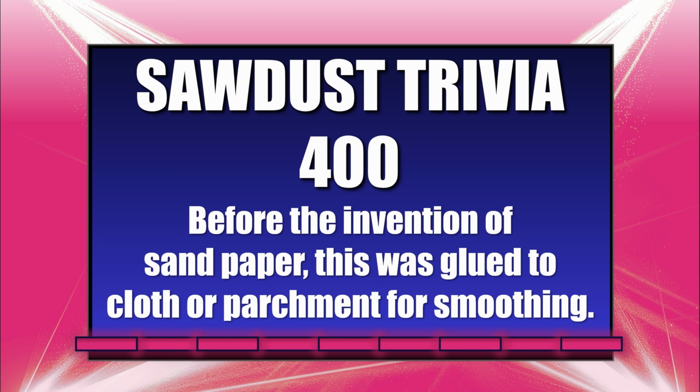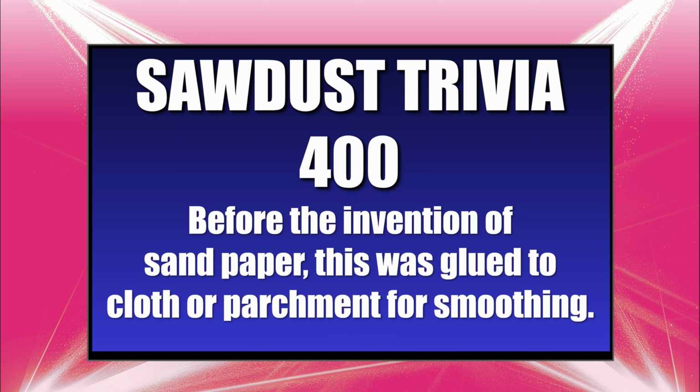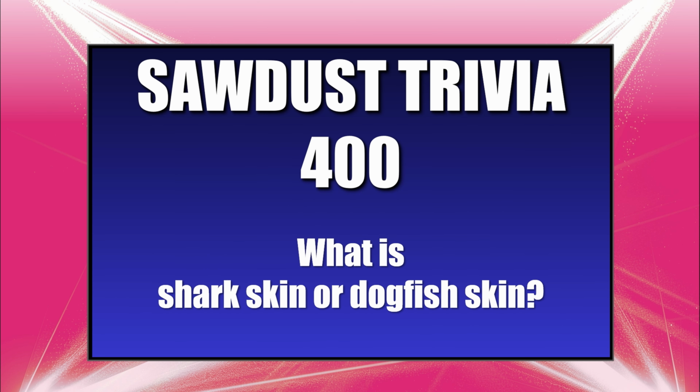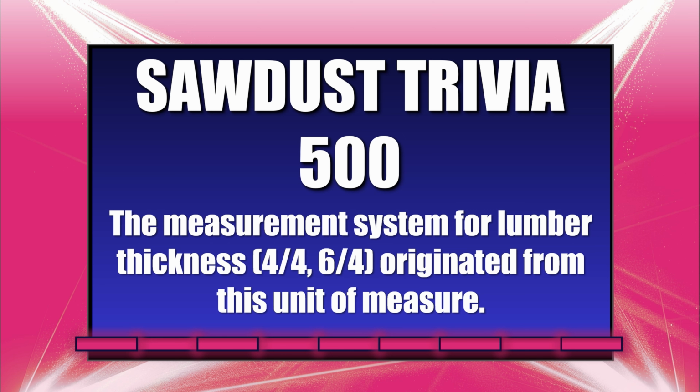Sawdust trivia for 400. Before the invention of sandpaper, this was glued to cloth or parchment for smoothing. What is shark skin or dogfish skin? Sawdust trivia for 500. The measurement system for lumber thickness, 4/4, 6/4, etc., originated from this unit of measure.